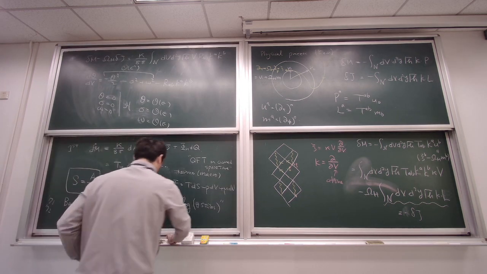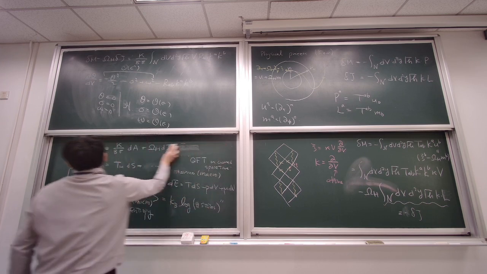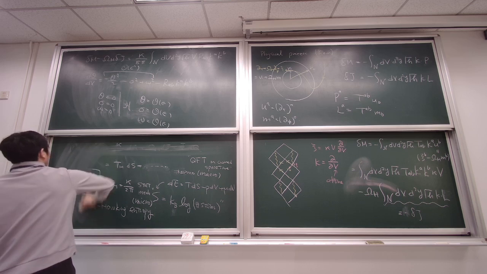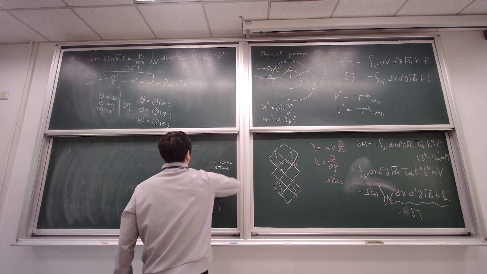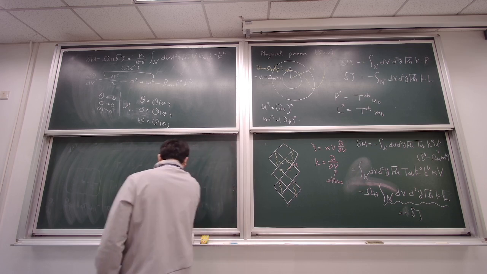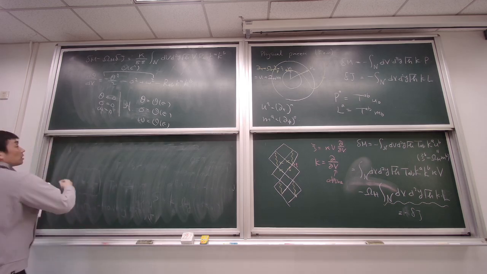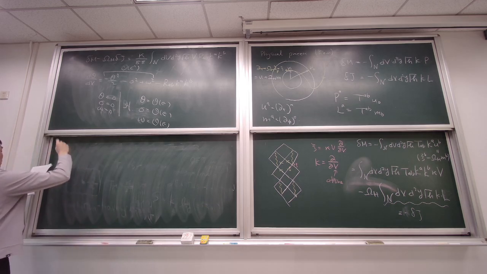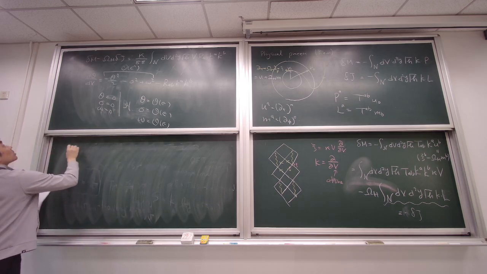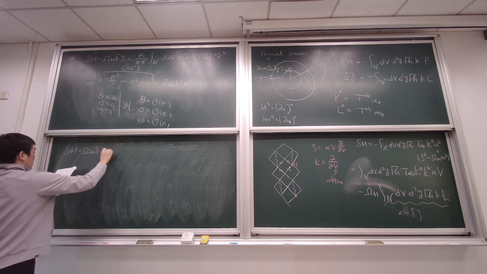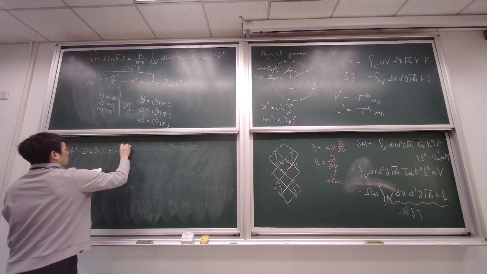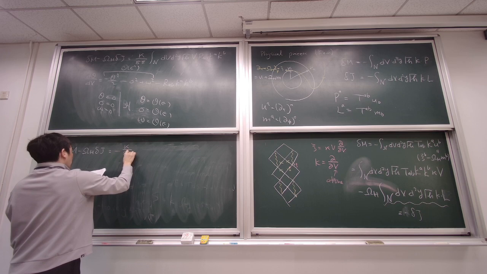If you plug that one into here, so this part I lacked some explanation. So if you plug that into here, so the delta M minus omega_H delta J is equal to minus kappa over 8 pi.